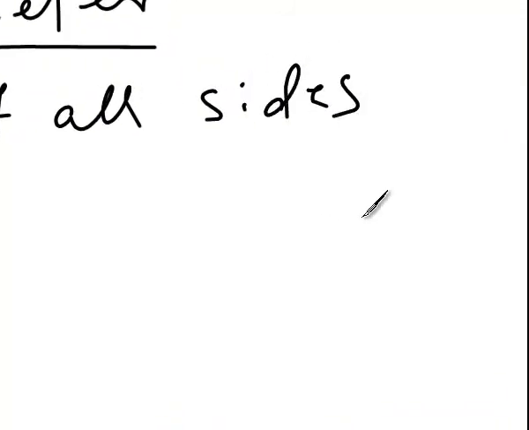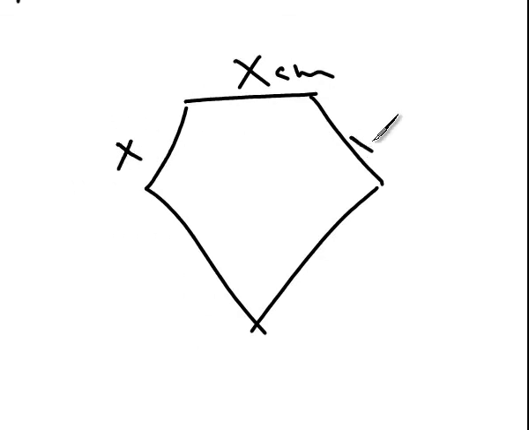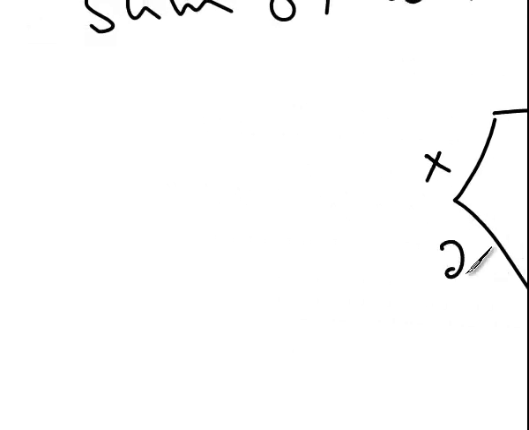All right, so if we have a figure such as, kind of looks like a top, maybe like that, and then this is x centimeters, and this is x centimeters, and this is x centimeters, and this is 2x centimeters, and this is 2x centimeters.